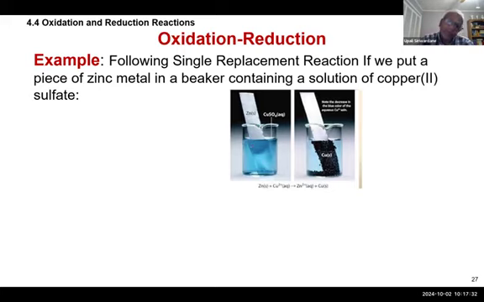This is the same thing we talked about in the previous description. The copper gets reduced to copper metal. That black color is coming from copper ions in the solution, copper 2 plus aqueous, getting converted to copper metal.